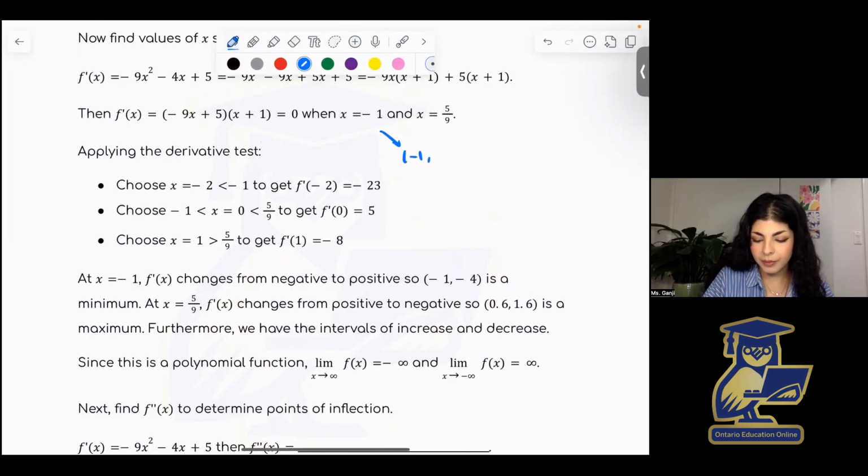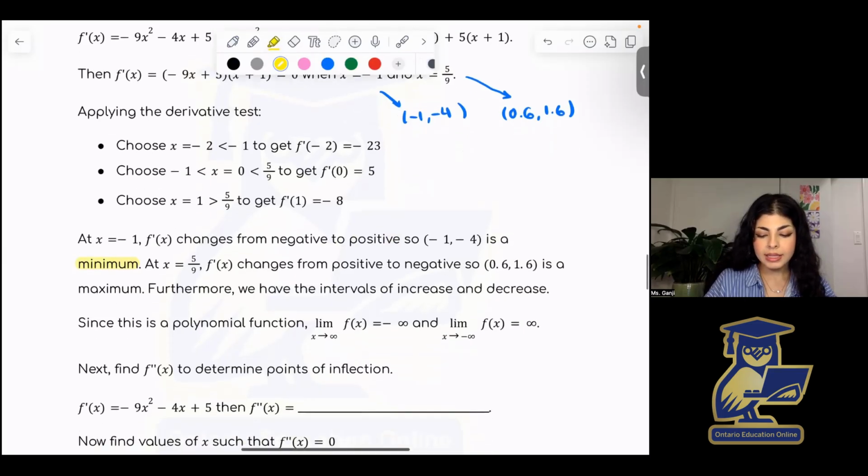And now this one is when we start approximating. So I will write the point as (0.6, 1.6). Then this point is a minimum because, again, we're going from negative to positive. And in the second one, we're going from positive to negative, so from increasing to decreasing. So this is a maximum.